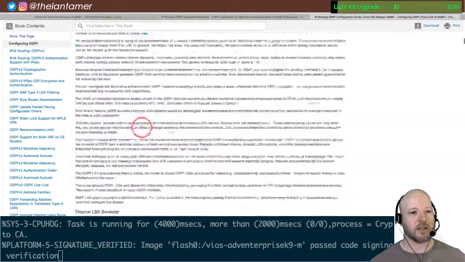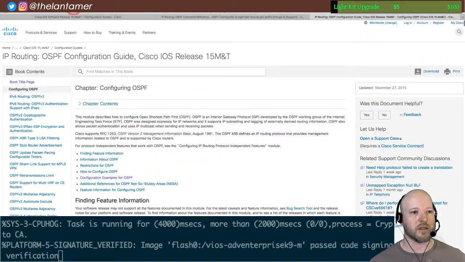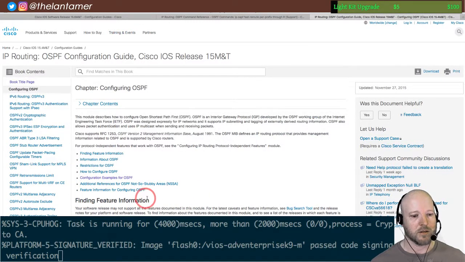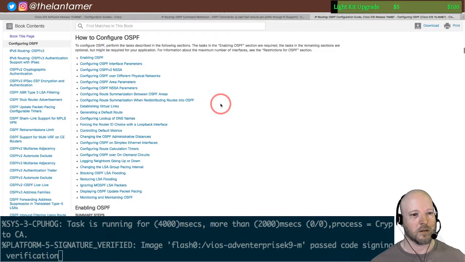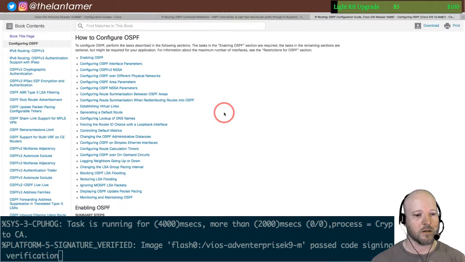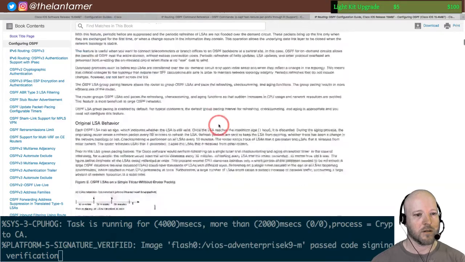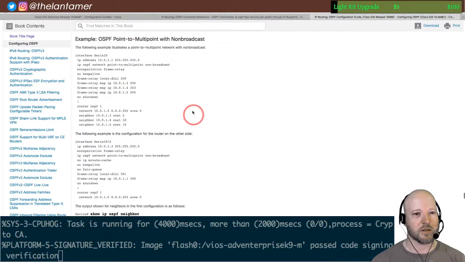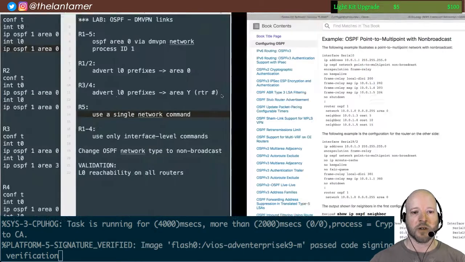I don't see anything here for DMVPN, so let's just use this guide and keep that handy.